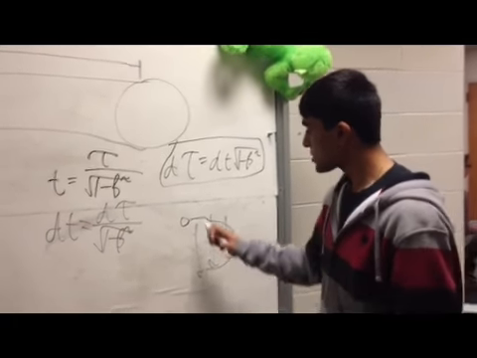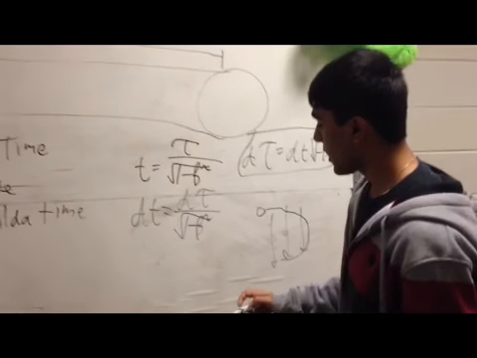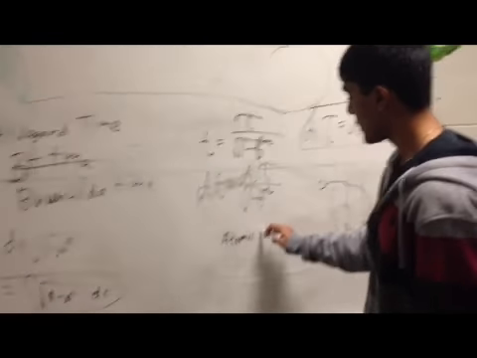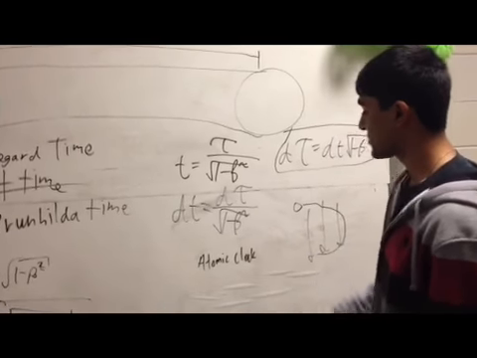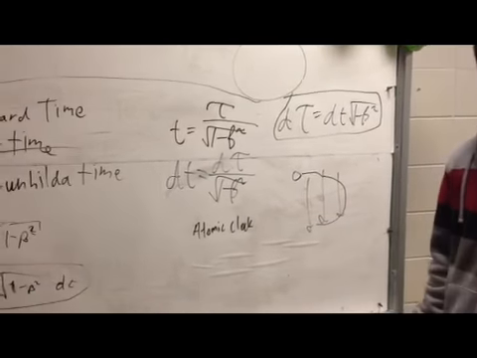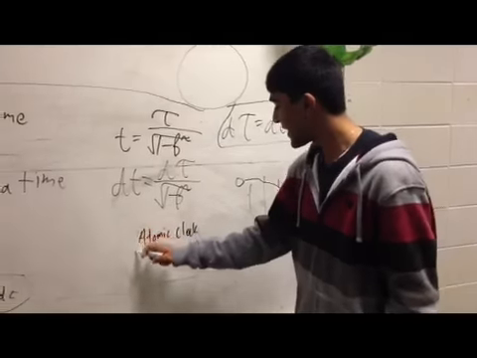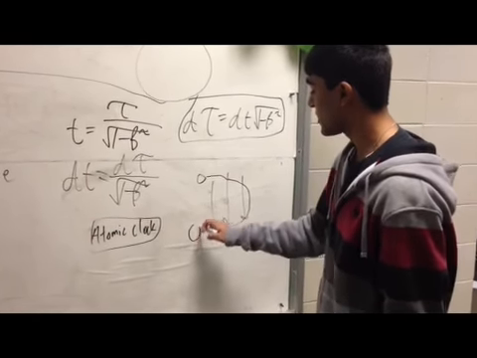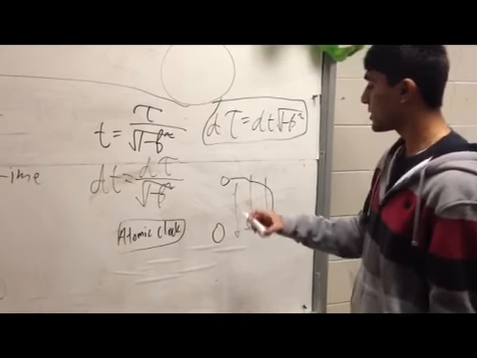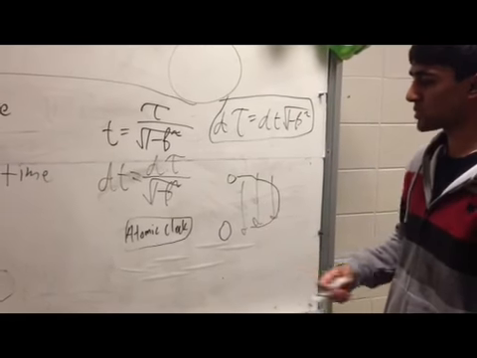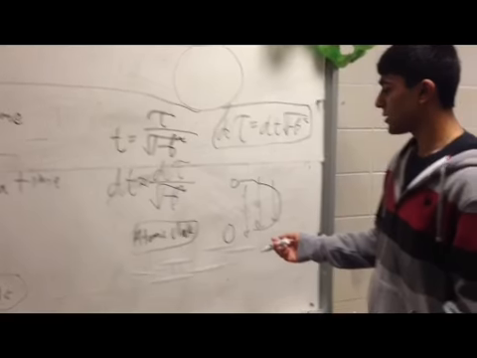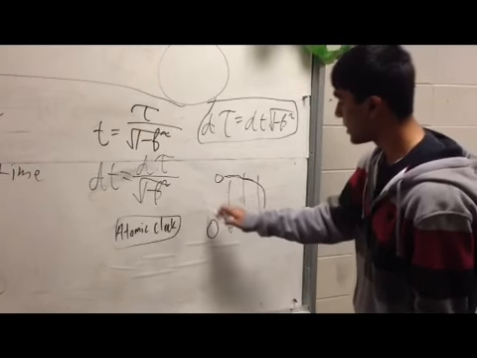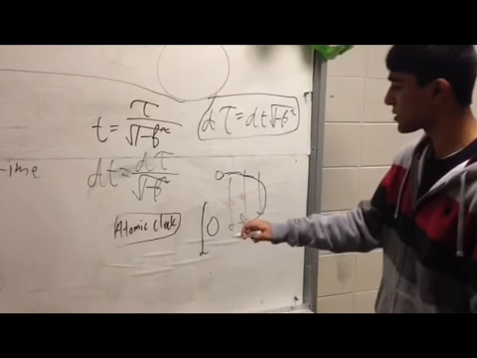To test this, we could set up an atomic clock here with an element that's decaying, and when it decays, it releases certain ions, protons or electrons, and the electrons would be in a magnetic field, so they would go in a circle.